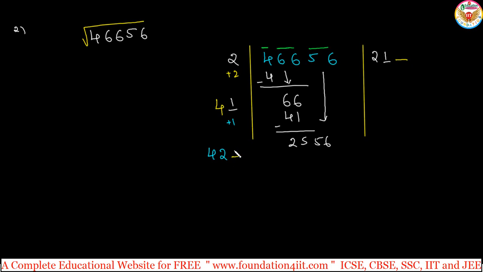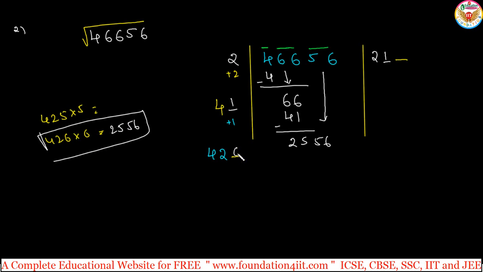That means 421 into 1, you can check that, 425 into 5, 426 into 6, until you get 2556. Yes, 426 into 6 is 2556. That is the rough work you should do. Right, remainder 0. That means the square root of 46,656 is 216. So 216 into 216, if you multiply, you'll get the same 46,656.